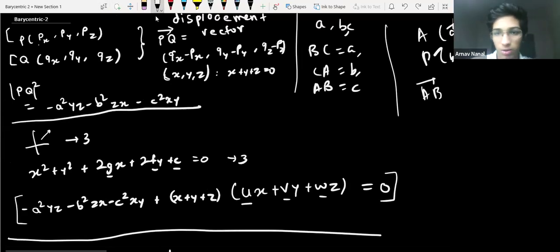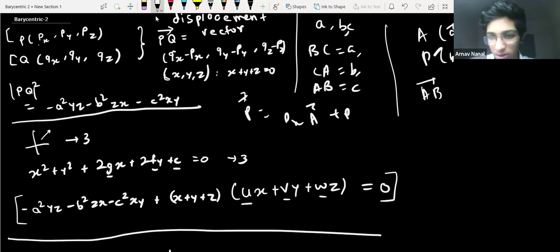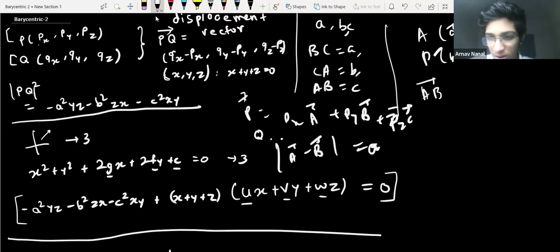So you put all those in vector form, and you will get that P is equal to Px A plus Py B plus Pz C, and similarly for the Q part. Then you just subtract and note that the magnitude of A minus B is equal to the side length. So probably just vector bash this. There must be some vector formulas I don't really recall.